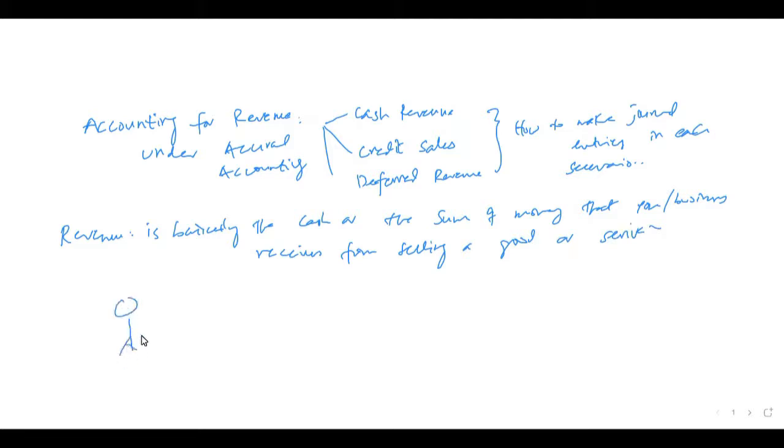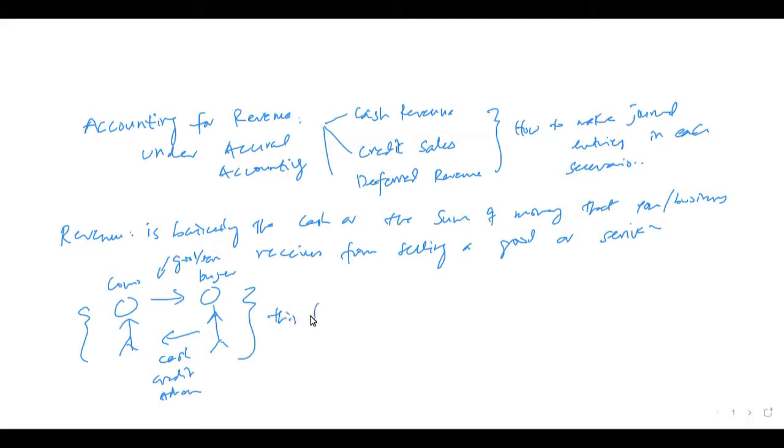So let's say this is the company, and you are the buyer. The company will sell you something. It could be either a good or a service, and then in return you pay cash, or it could be credit, or you could have paid in advance for those goods and services, right? So this transaction is called revenue.